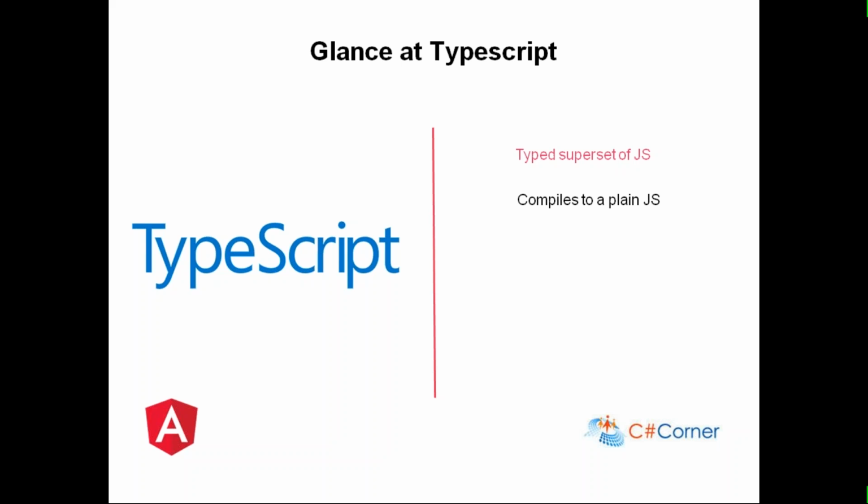But in JavaScript or jQuery, you do not have any facility to write your own classes; you have to manage only with functions. Considering all those things, TypeScript has been invented. TypeScript is the official language for Angular 2.